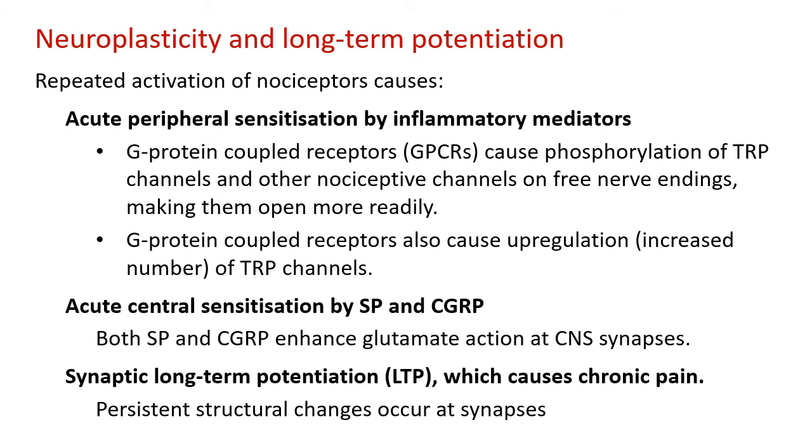In the longer term, there are more persistent changes within the synapses and within the neurons, and this causes chronic pain conditions. This is the same cellular mechanism of creating long-term memory, but it results in persistent pain rather than memories.